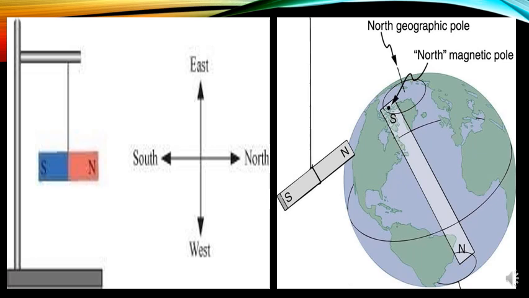The south pole of the earth's magnet is in the geographical north because it attracts the north pole of the suspended magnet. Similarly, the north pole of the earth's magnet is in the geographical south because it is attracted by the south pole of the suspended magnet. Therefore, earth itself is a magnet. There is a magnetic S pole near the geographical north and a magnetic N pole near the geographical south of the earth.